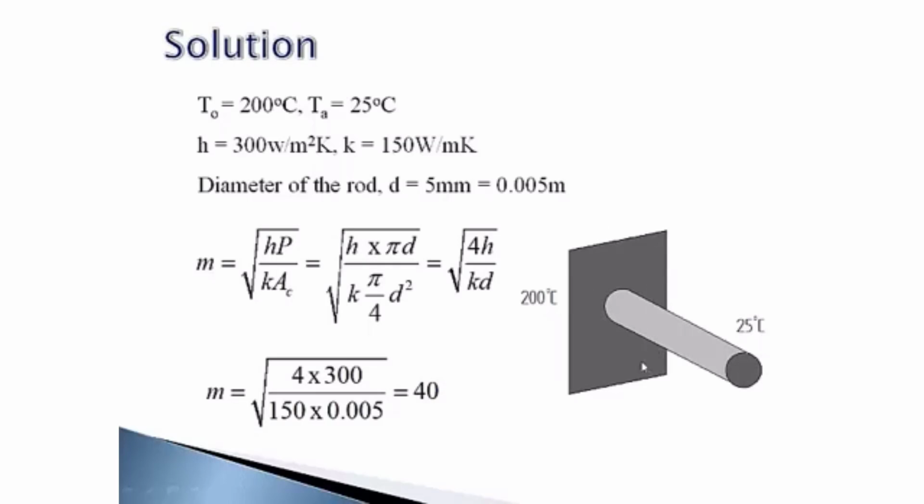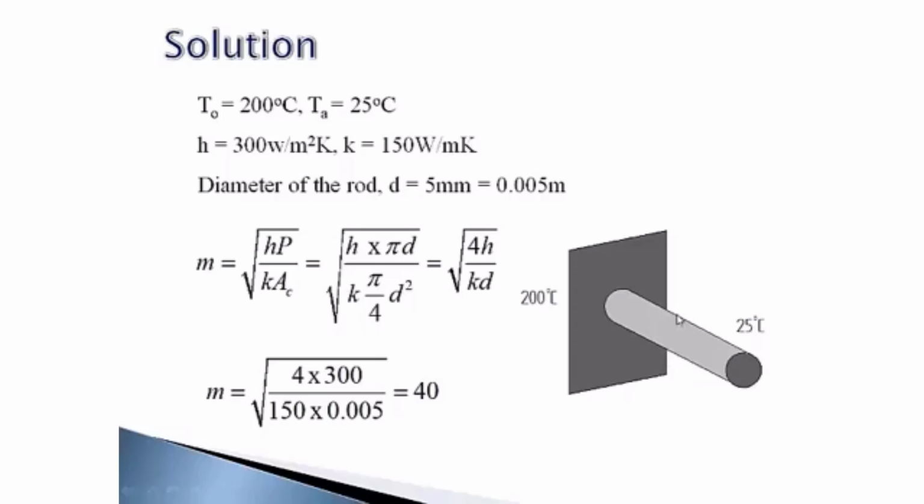Now this is the base where the fin is connected. This is a fin in the form of a rod which is 5 mm in diameter. The base temperature is 200 degrees centigrade. 25 degrees centigrade is the ambient temperature. Now the heat is flowing from the base through the rod and it is convected to the surrounding.